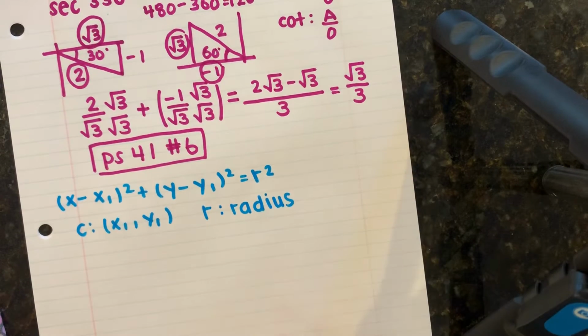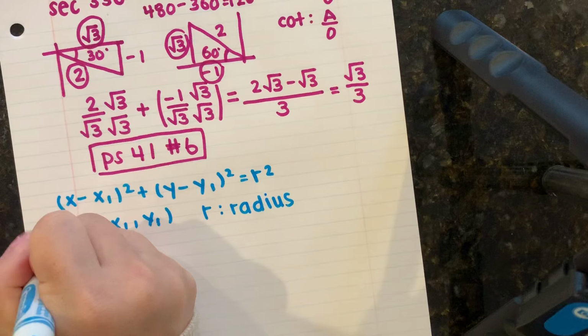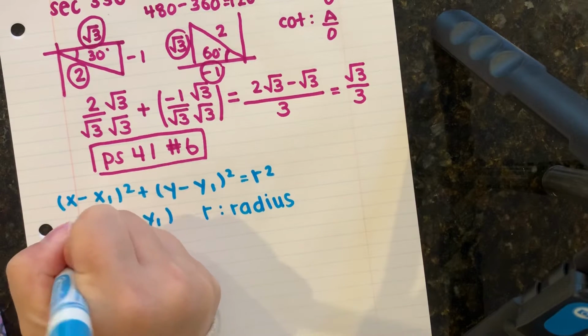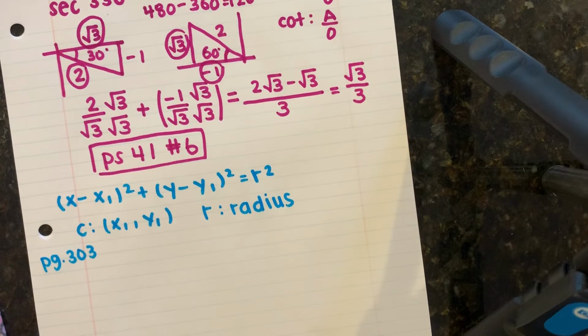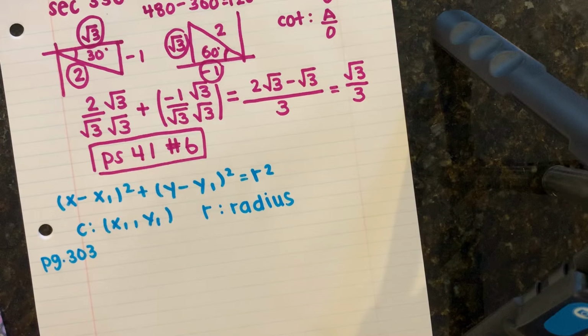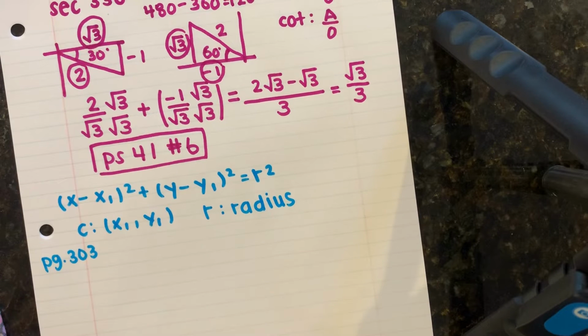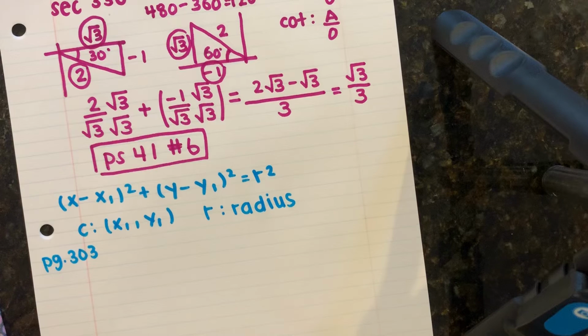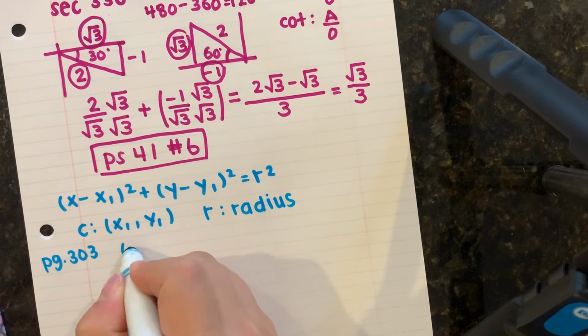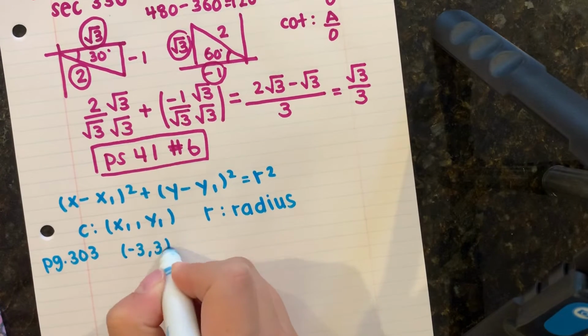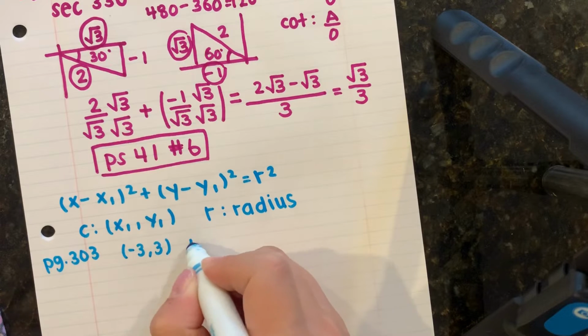So the problem that I'm looking at is on page 303, and it's example 42.2. It says find the standard form of the equation of a circle of radius 4 whose center is at -3, 3. Then write the general form of the equation. So the center is at -3, 3, and the radius is 4.